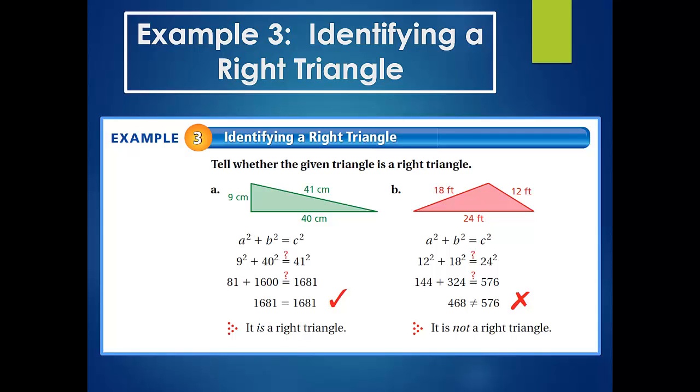And 24 squared is 576. So we're going to find out if 144 plus 324 equals 576. When we add the left-hand side, we get 468, and that is not equal to 576. So this is not a right triangle.